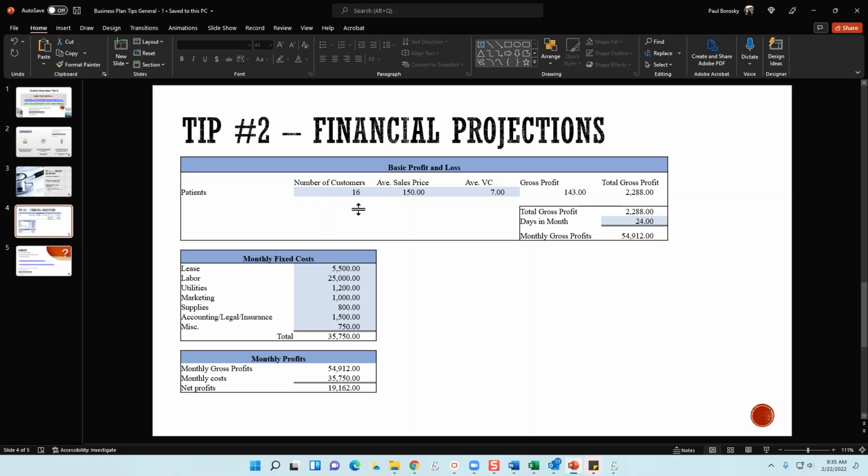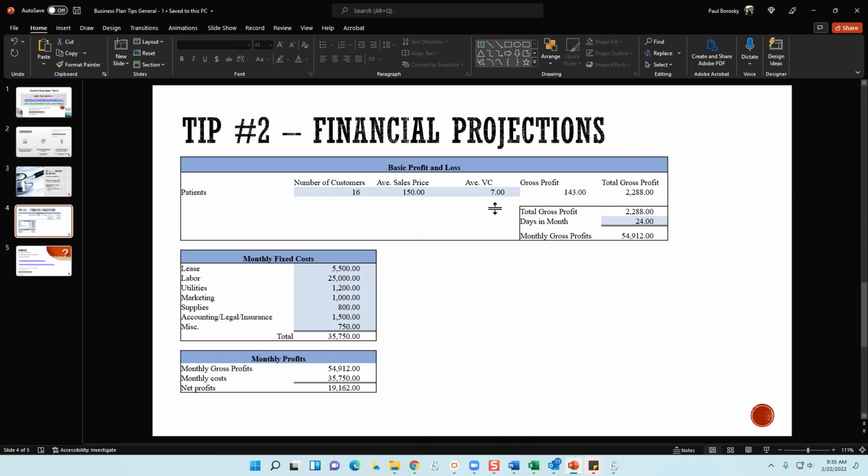In this example, we'll start with 16 patients with an average patient charge of about $150, and then a variable cost per patient of about $7. For the most part, the variable costs are going to be relatively low, especially for a primary care physician, where it's more about talking with the patients and ascertaining the illness or referring them out. So your variable costs will be rather low. In this estimate, I've said about $7.